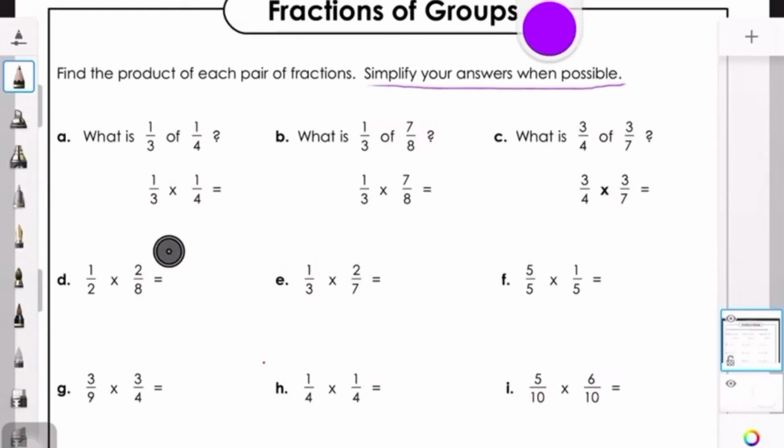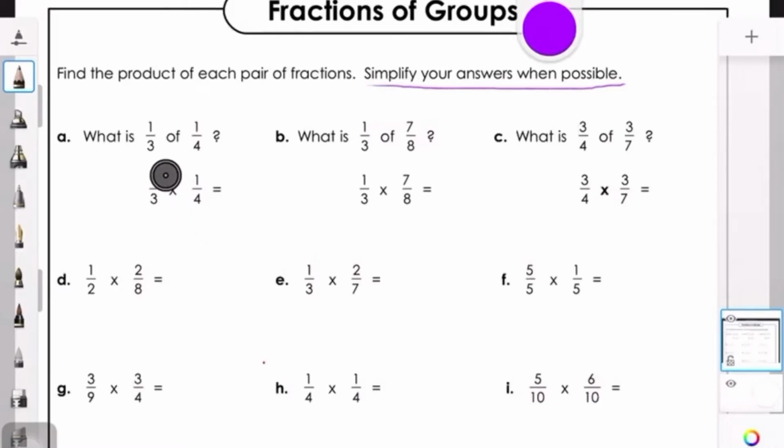Let's look at A. It says, what is 1/3 of 1/4? In this problem, well, in all multiplication fraction problems, we need to multiply the numerators and the denominators. So let's look at 1/3.